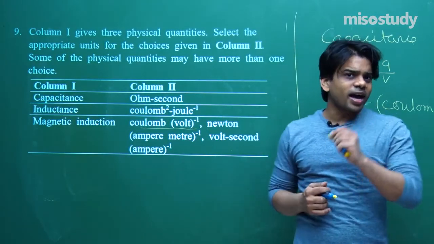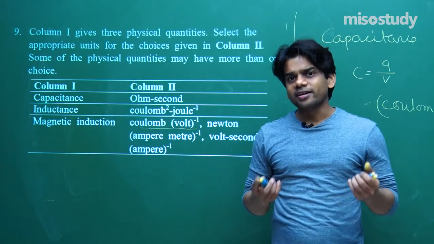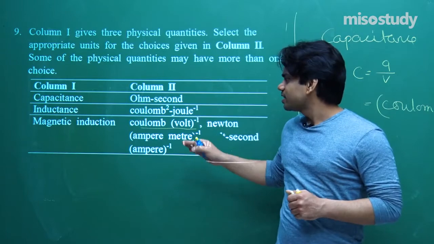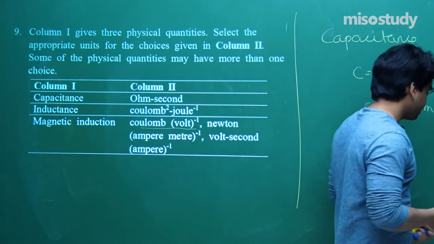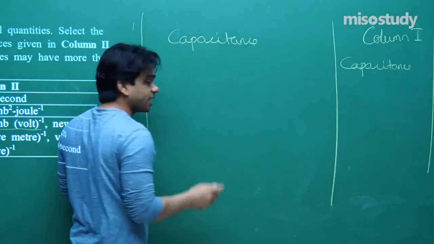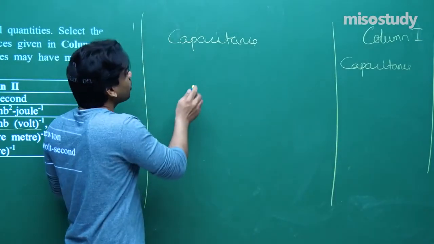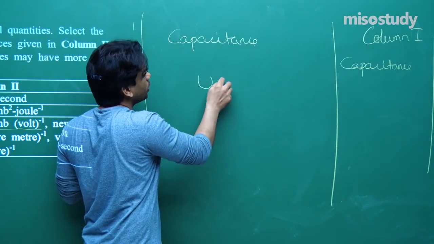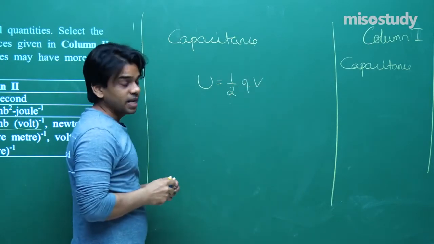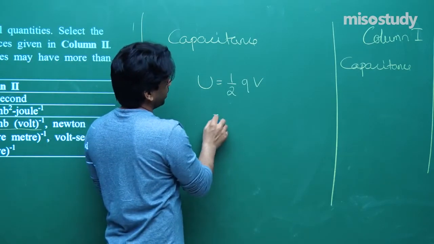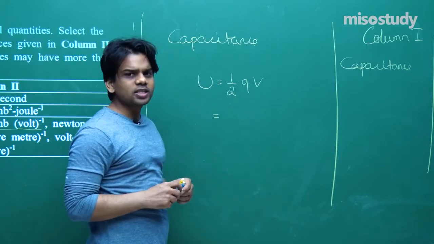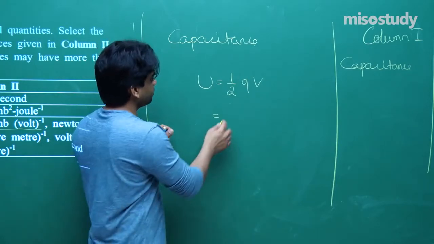Now the energy associated with a capacitance, the energy stored within the electric field between the plates of the capacitor, can be written as U is equal to half QV. Now Q, just now I told you, can be written as CV.